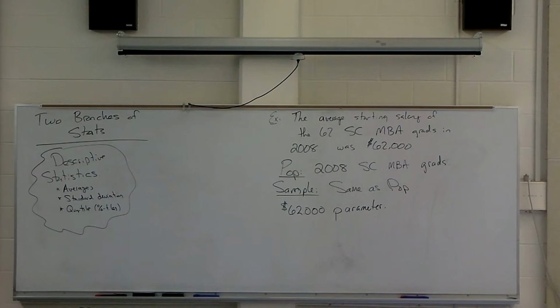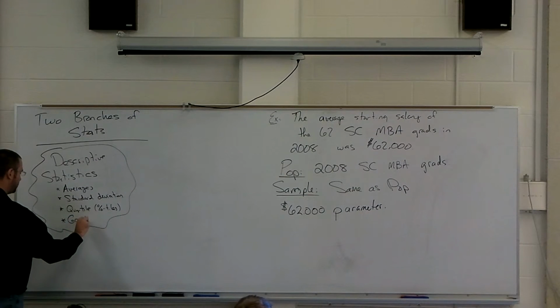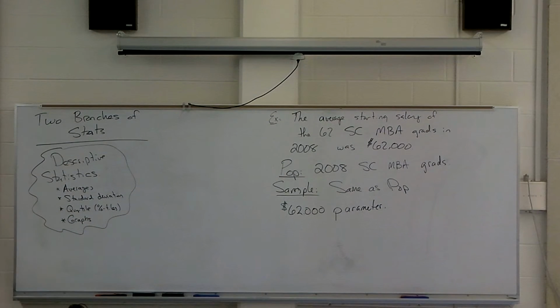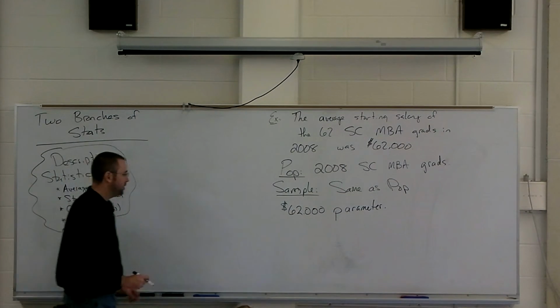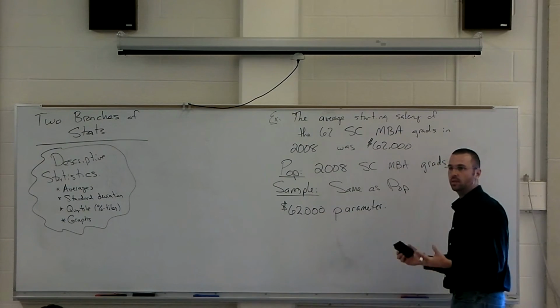These are all ways that we describe statistics. Other things that show up here are graphs. All of these things are tools that we use to describe data we've collected. This is what the first third of this class is devoted to, going over the basics of descriptive statistics.